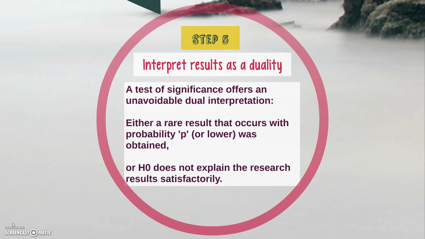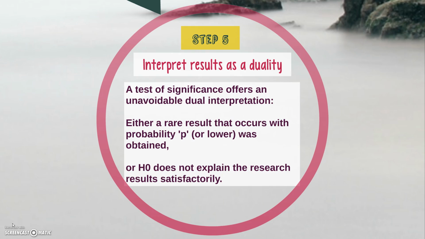And finally, you need to interpret the results. And now here is the tricky part. Or is it not tricky, but something to take into account. A test of significance always offers a duality that you cannot escape.